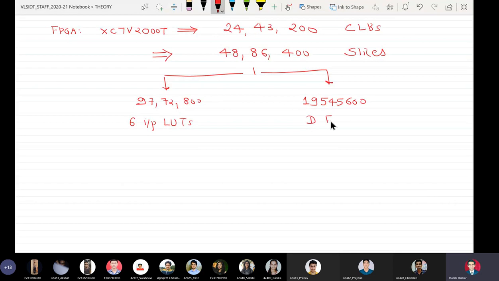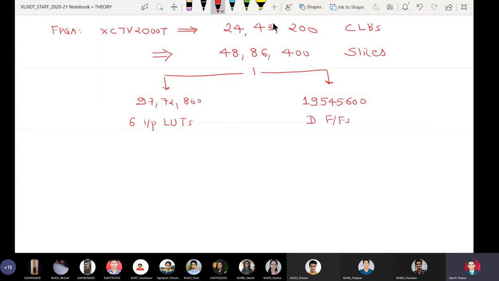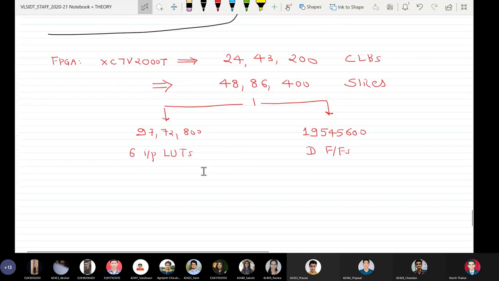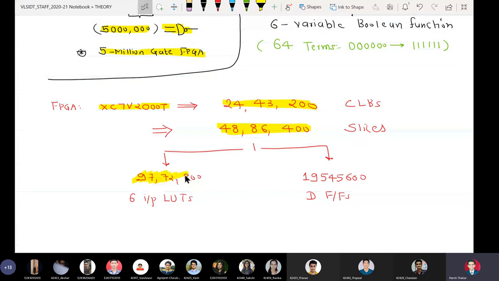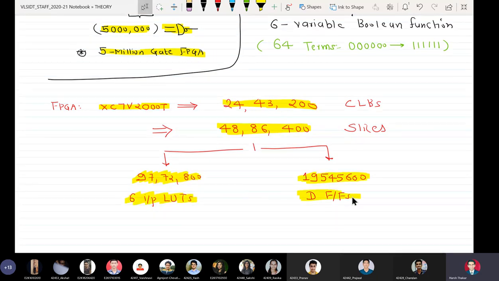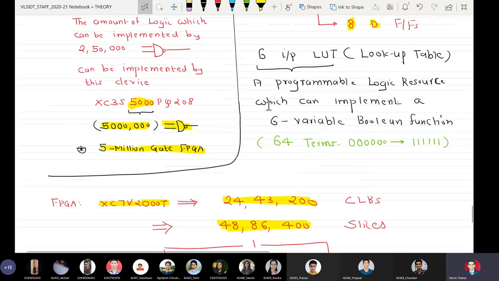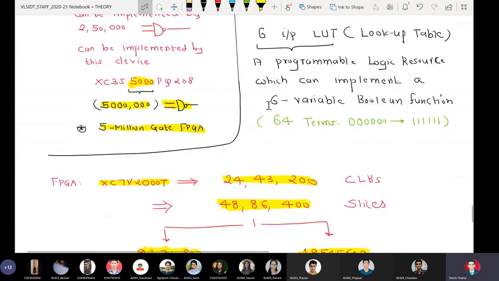So many D flip-flops it contains. This is really huge. So this FPGA contains so many CLBs, so many slices, that is into 2, and it contains 9772800 6 input LUTs, and it contains so many D flip-flops. Okay, like that. Fine.